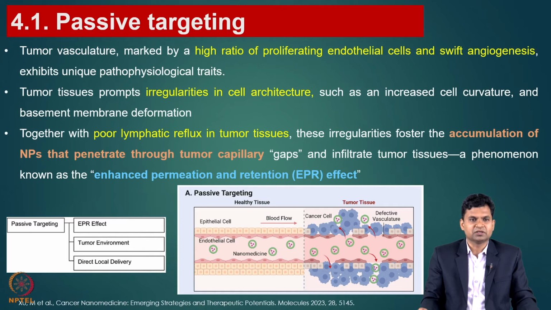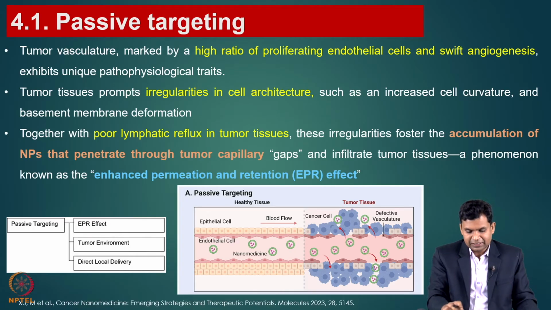That is called passive targeting. Here is one example, tumor vasculature. In the tumor, you can see in this picture there is an irregularity in the structure. You will see there is a deformation and a change in the structure.